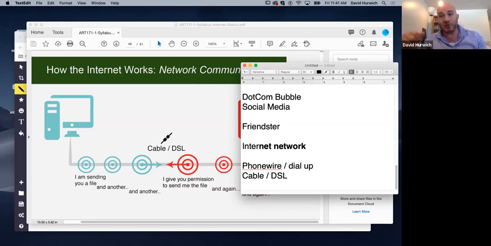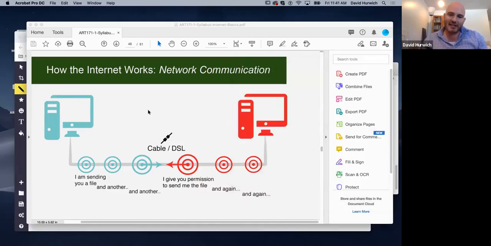There's a cable that goes into your house or apartment, and it plugs into the back of your TV, or it may plug into a router, which we'll talk about. Sometimes this is referred to as DSL. Essentially it's the same concept: computers can be connected to this cable line to send information back and forth.